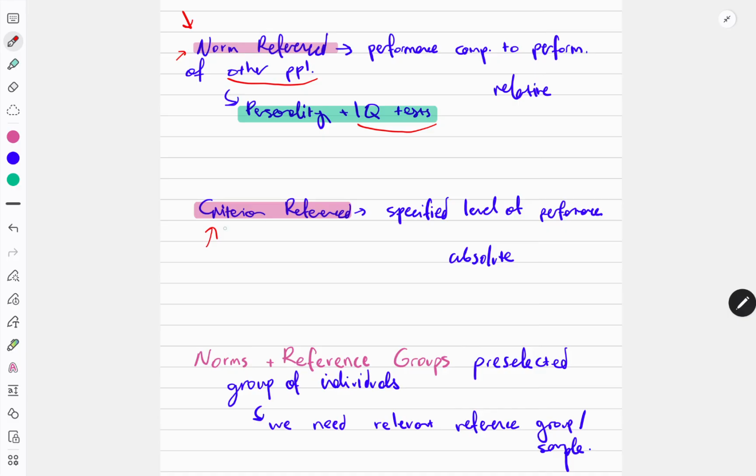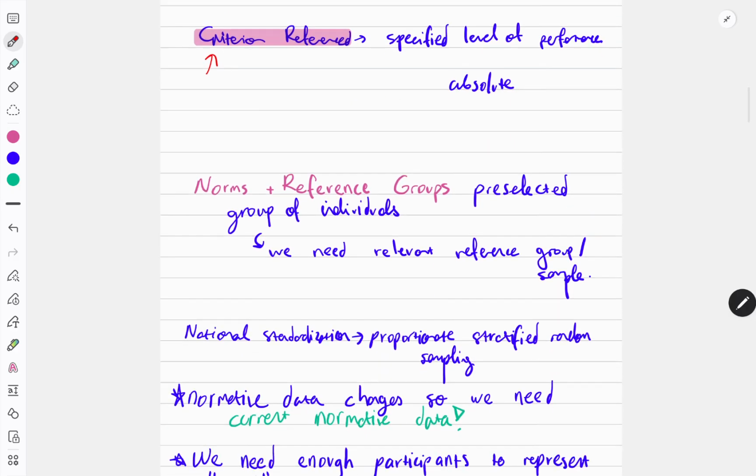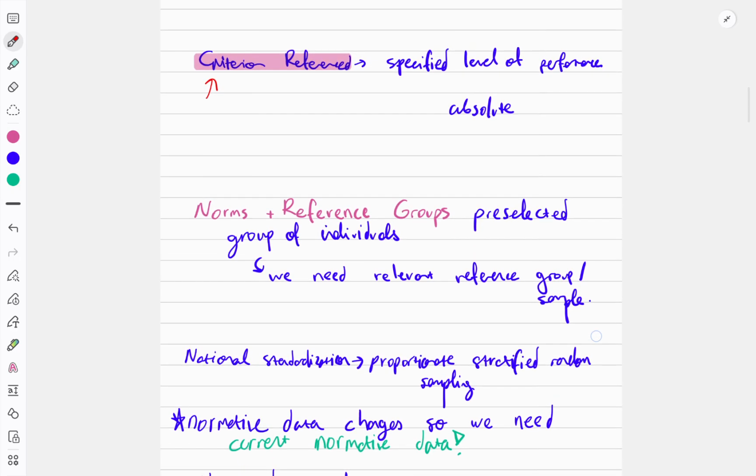You can think of it also like getting your driving license, and you need to take a test that shows that you know enough about traffic rules and everything. So it's just criterion reference. You need to get above a certain point, but it's not about the norm or the average, etc. It's just the criterion.